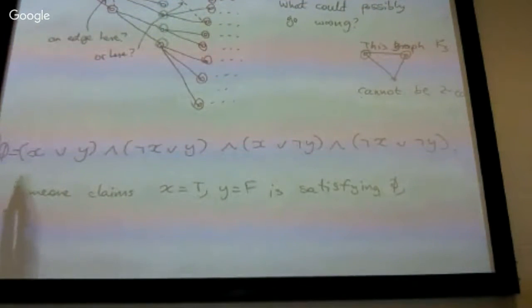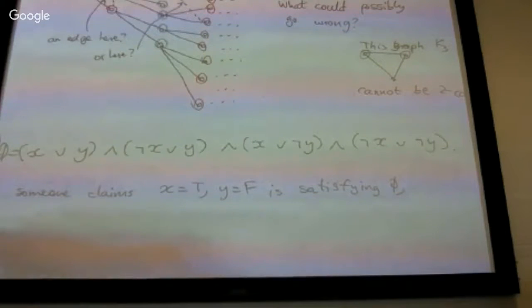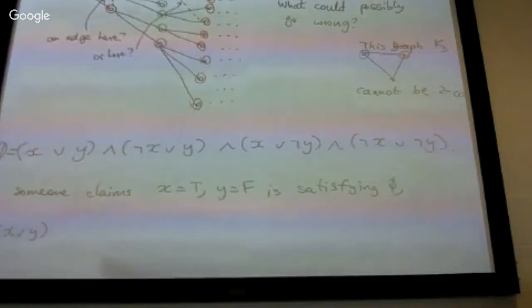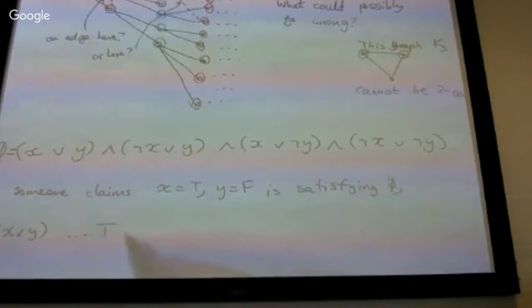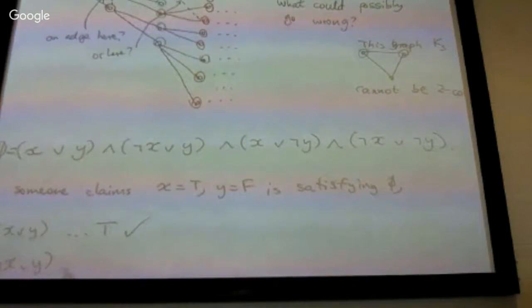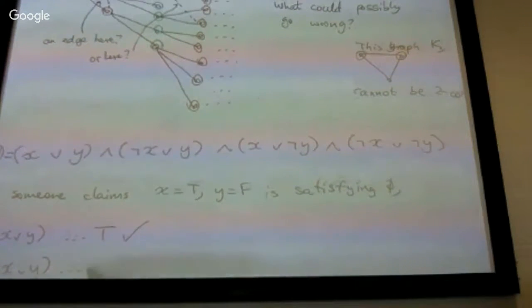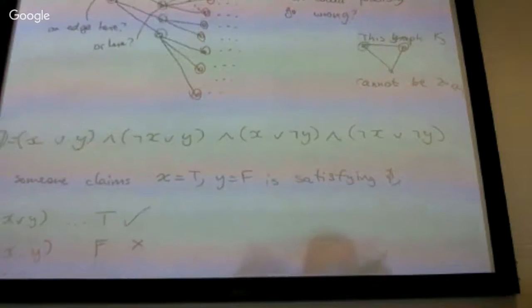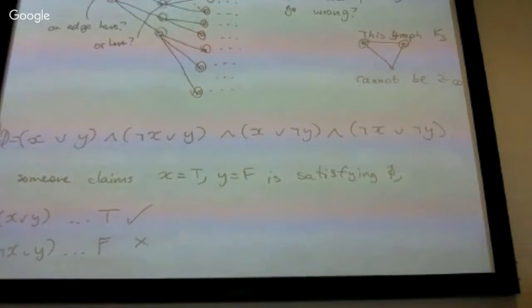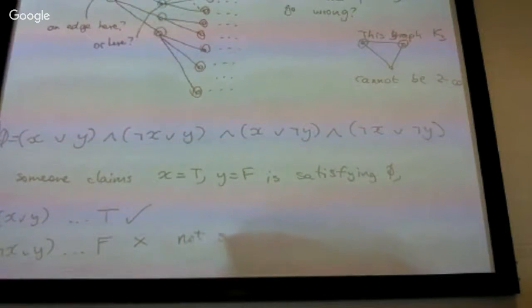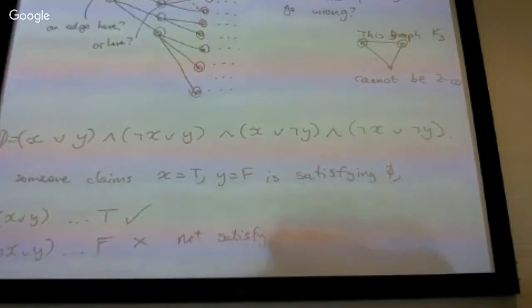Because X or Y is true, okay, good. Non-X, Y: false or false, so that's false. And that's basically the checking algorithm.